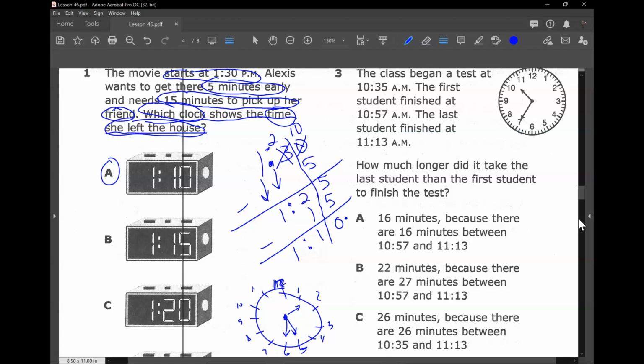So that's 1:25. And then I need 15 more minutes. So 5, 10, 15 would be 1:10. Okay. Let's go to the next page.